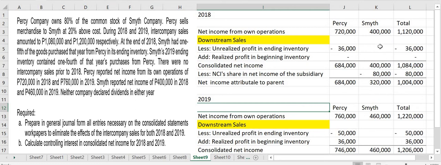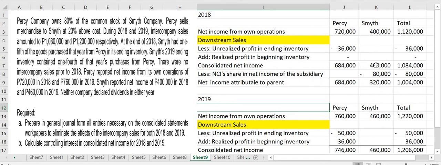And then, since this is a downstream sale, mag-adjust tayo kay parent, being the selling affiliate. So, i-deduct natin yung unrealized profit in ending inventory kay Percy, kay parent.